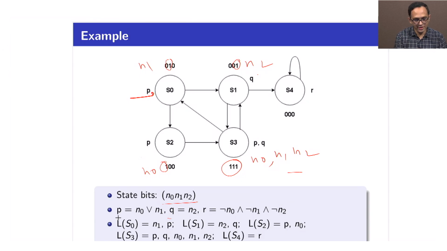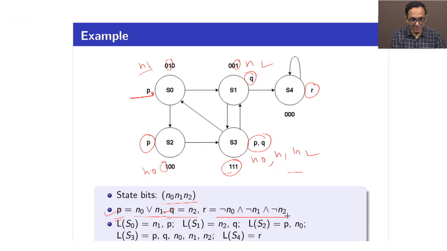I also can define some other atomic propositions. P is n0 or n1, so n1 holds here, so P holds here. Q is n2, so n2 holds here, Q holds here. Here n0 holds, so P holds here, and here n0, n1, n2 all hold, so P is true and Q is also true. R says not n0, not n1, not n2, so R will be true here, where all of them are 0.